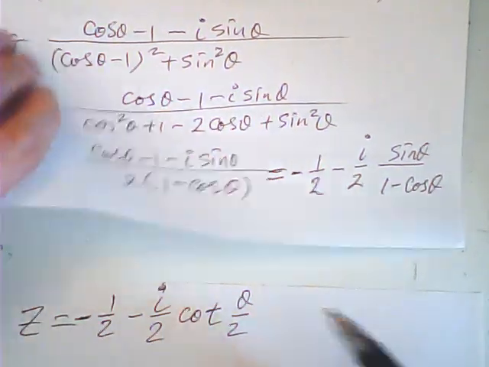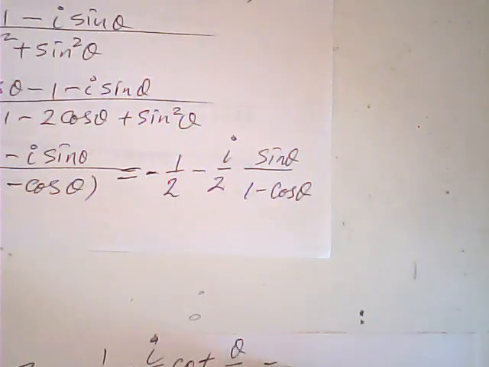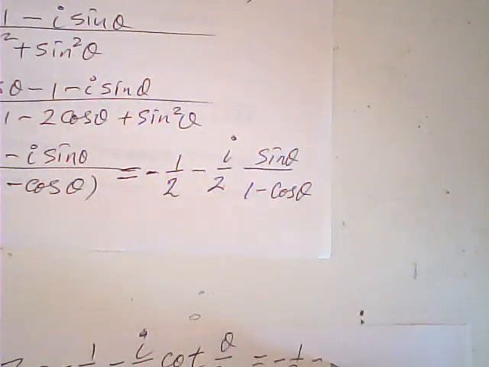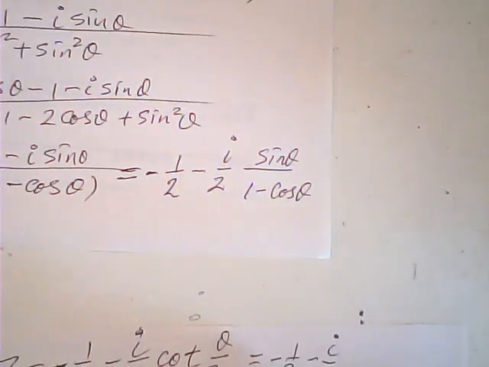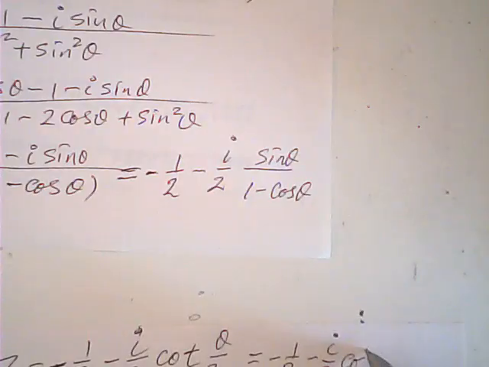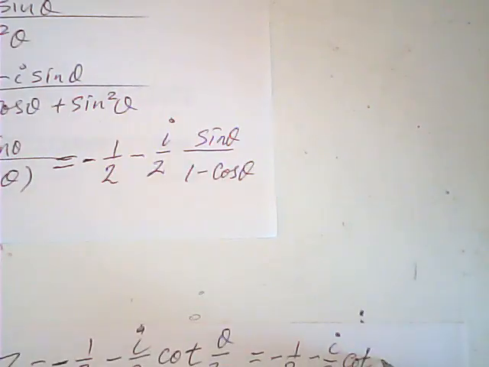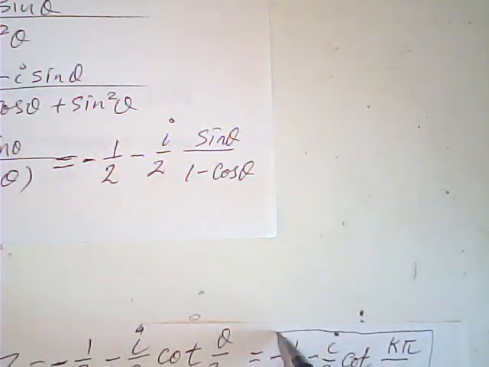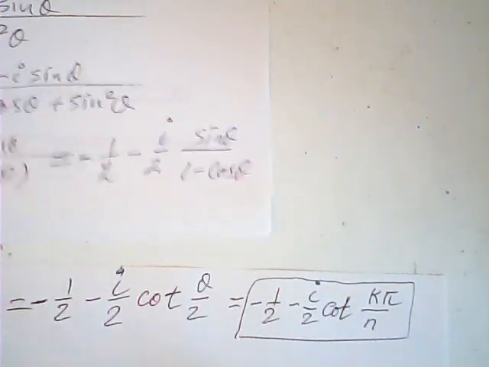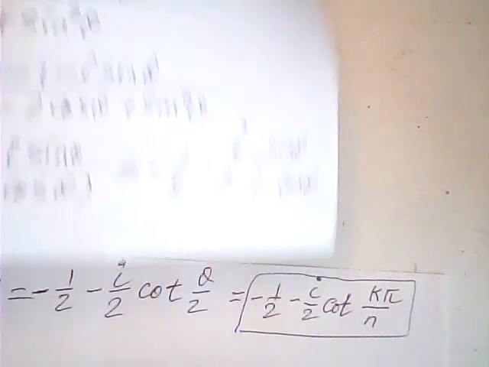Now we substitute theta here, right? So this is minus half minus i/2 cotangent of half theta. Theta is 2kπ/n, so the 2 cancels and it becomes kπ/n. So I found z. See? I think this is a very good method.